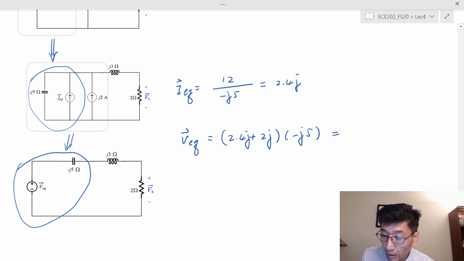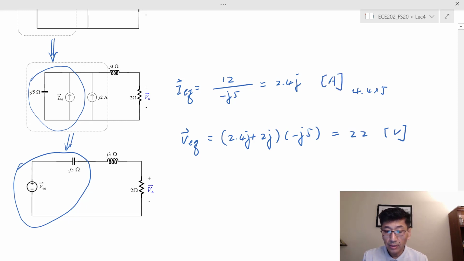So I have this at 4.4, yeah, 4.4 times 5. So j times negative j, that's equal to 1. So I have 22 volts. And this, of course, is amps.